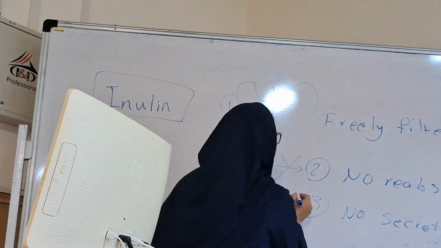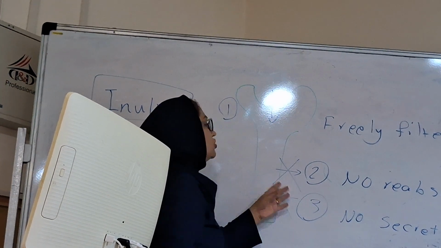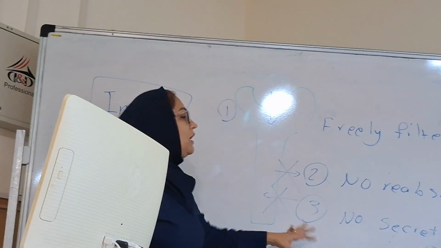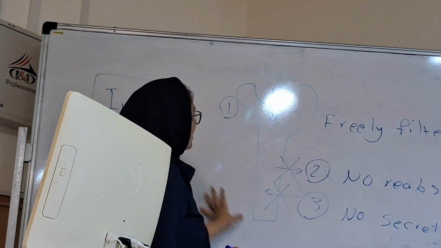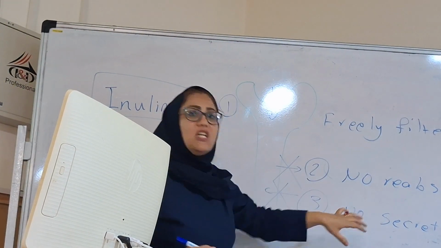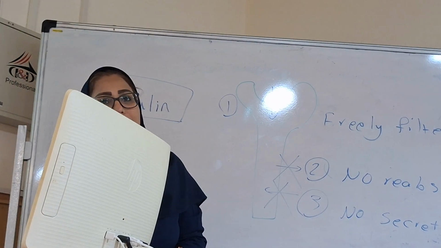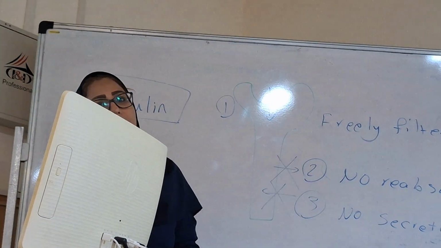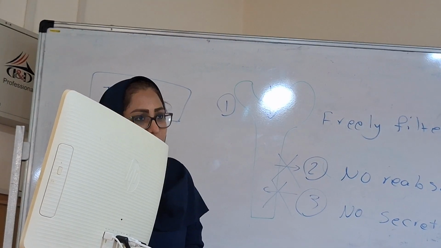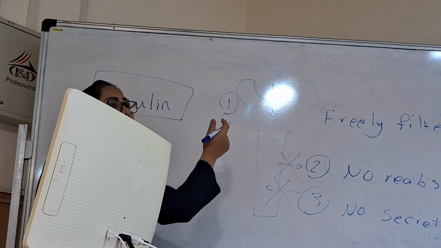Inulin is not secreted into the tubules. If we have a substance with these properties, we can use it for clearance estimation.